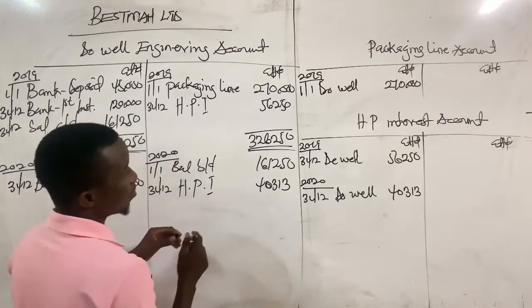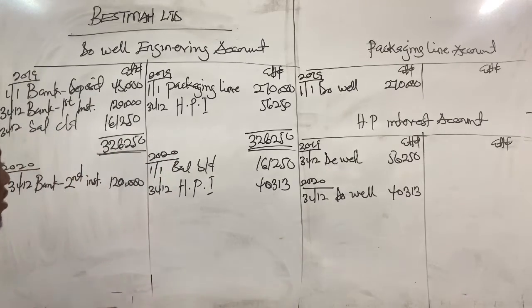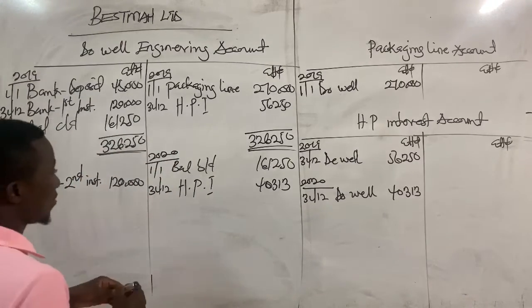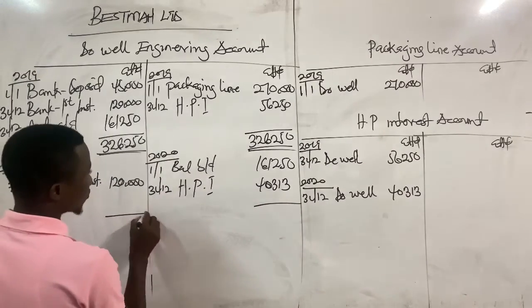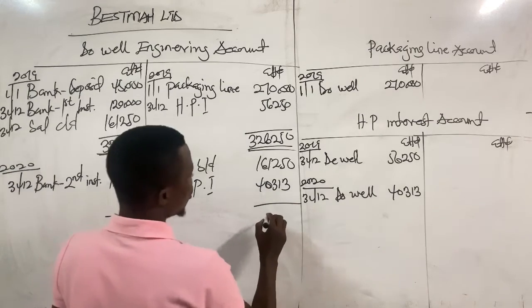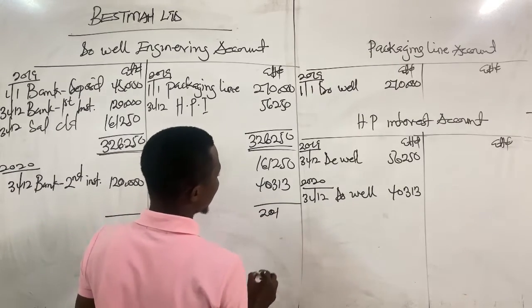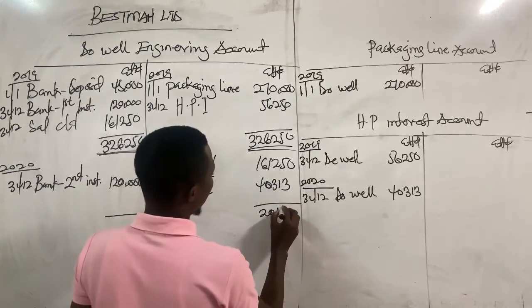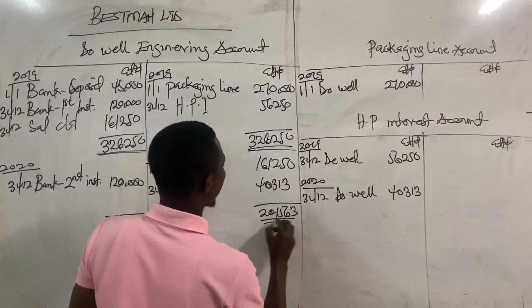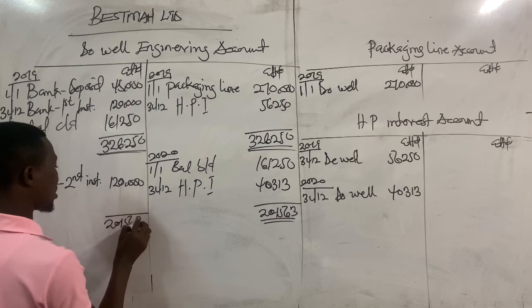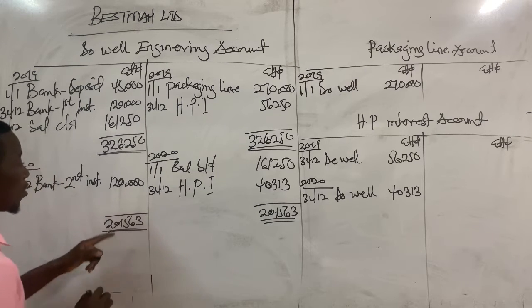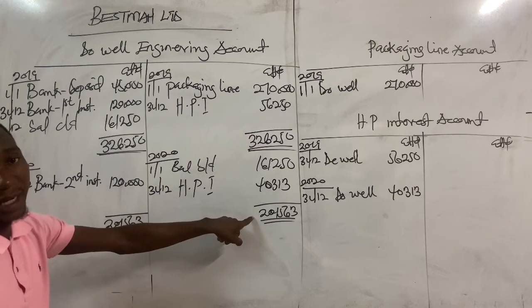By closing the account, we can actually realize that the credit side is bigger than the debits. So the total here, when we add these two, it will be 201,563. So we find the difference between these to get it carried down.